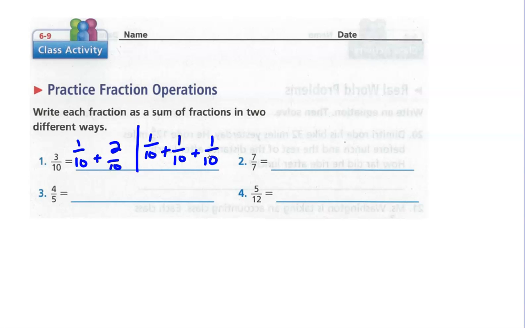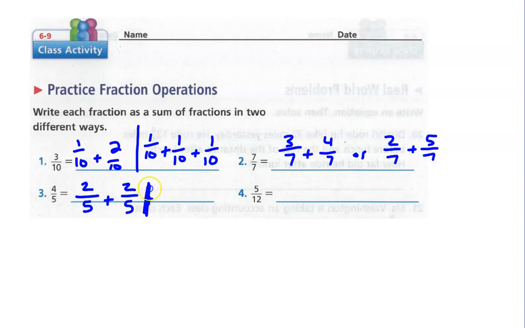And now that you're back, 7/7 could be 3/7 plus 4/7, or maybe 2/7 plus 5/7. Again, it's okay if yours are a little different than mine, but that's kind of the way that you should be doing it. And then 4/5 could be 2/5 plus 2/5, or maybe 1/5 plus 3/5.